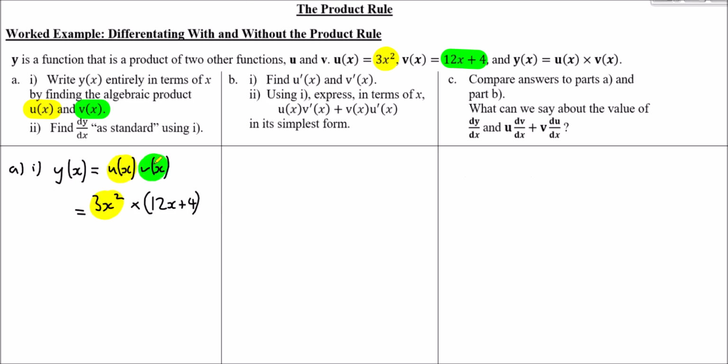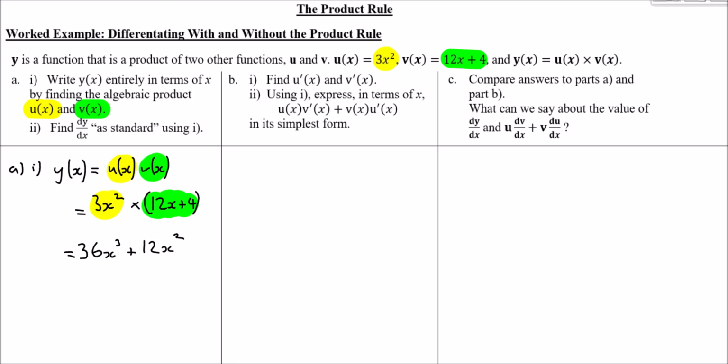So then it's just a case of expanding these brackets out. 3x squared multiplied by 12x, 3 times 12 is 36, x squared times x is x cubed, and then 3x squared multiplied by 4 is of course just 12x squared.